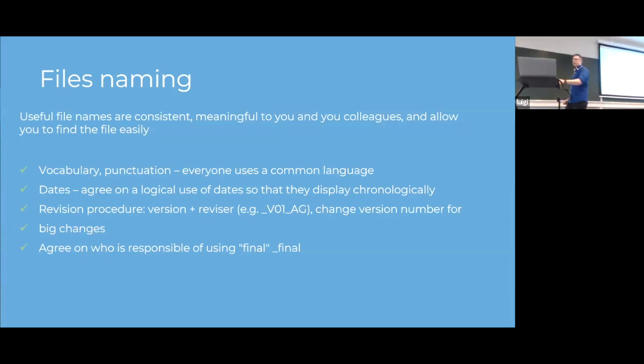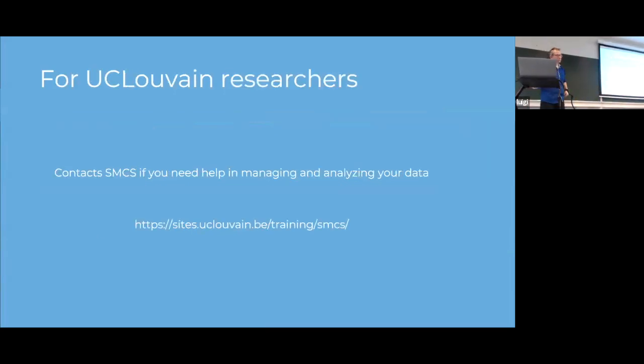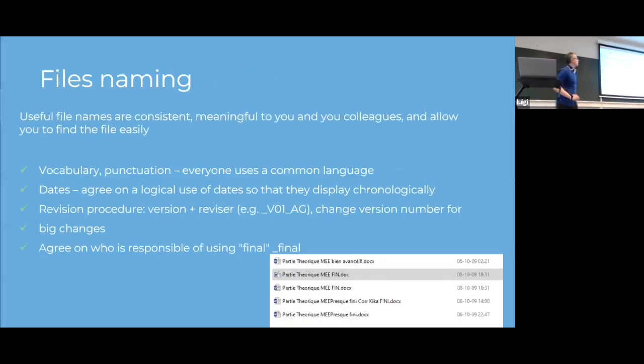Because, another example, here I have some parts of my own thesis, and I have the theoretical part, well advanced, endings, another endings, almost endings, read by someone, and the almost endings by them.